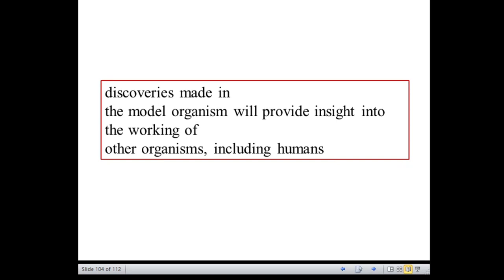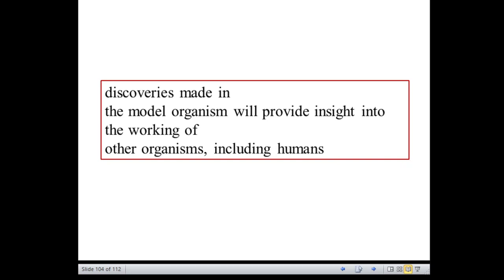So one thing you should remember is the model organisms are chosen for the reason that they will provide information more accurately so that that can be translated to humans. Most of the time this is true about using a model organism.